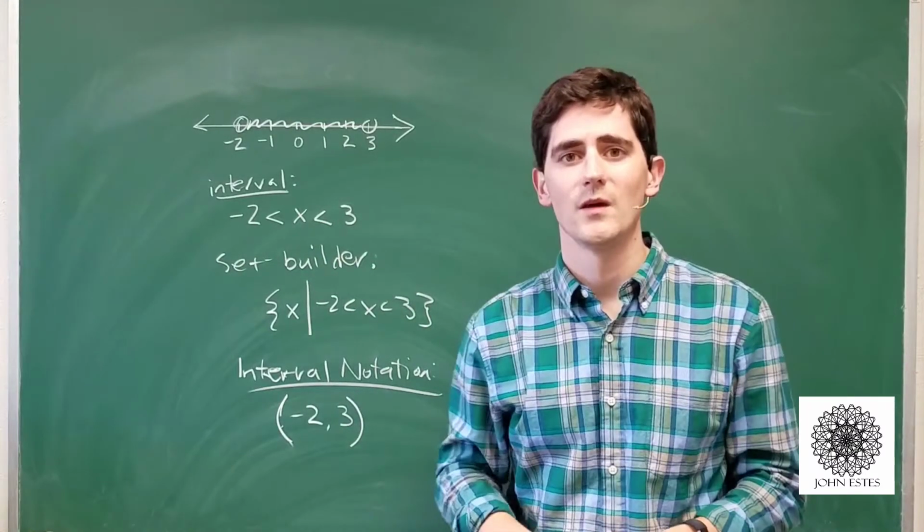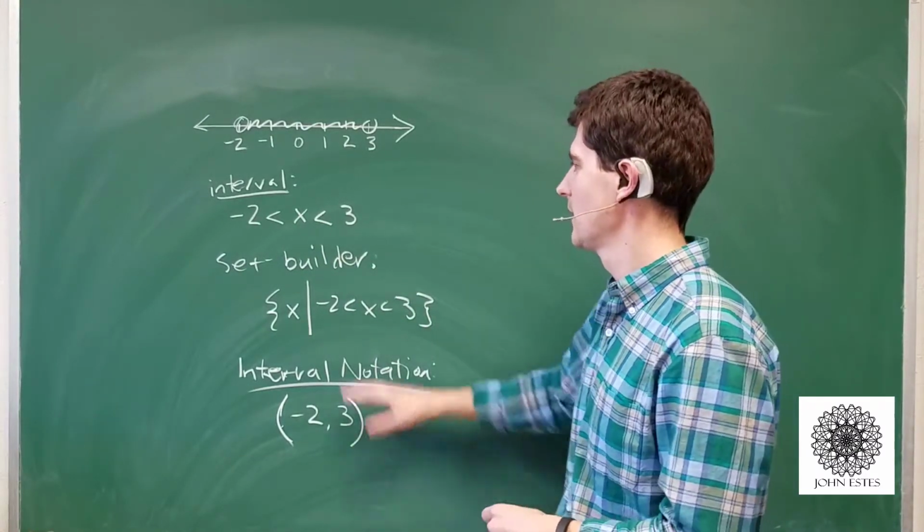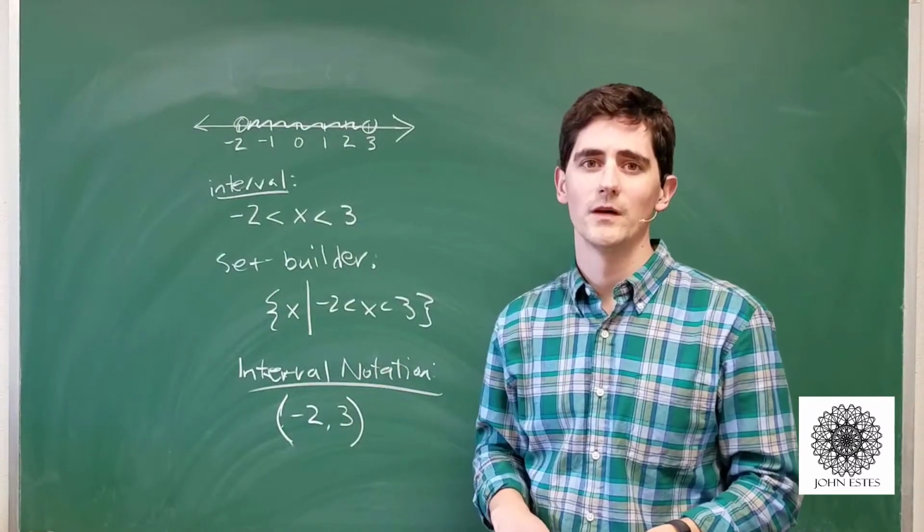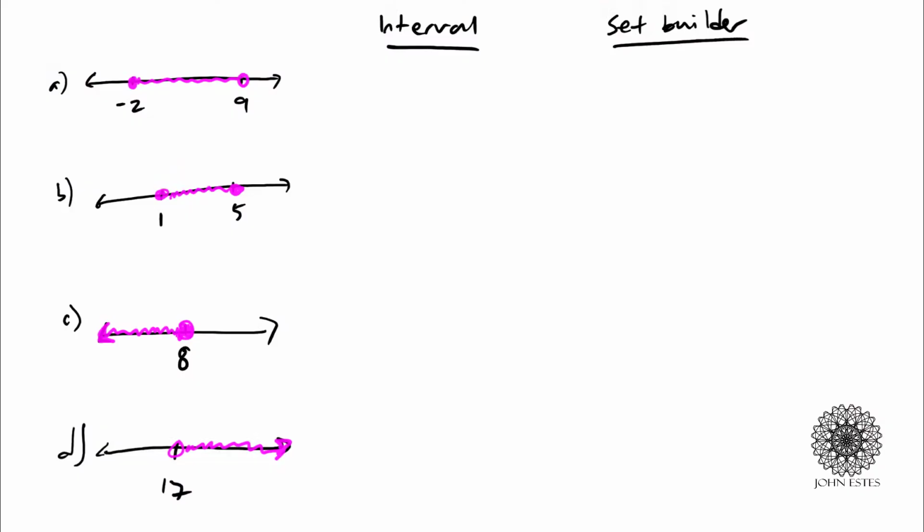Now I'm going to show you some examples of the variations of intervals that you can deal with, and hopefully it'll make sense. I have these four intervals here, and I want to show the solution of these in interval and set builder notation. For the first one, I'm starting with -2 and ending with 9. So in my interval, I just write -2 and 9, and I have to figure out how to cap it off. I see that the circle's included on the -2.